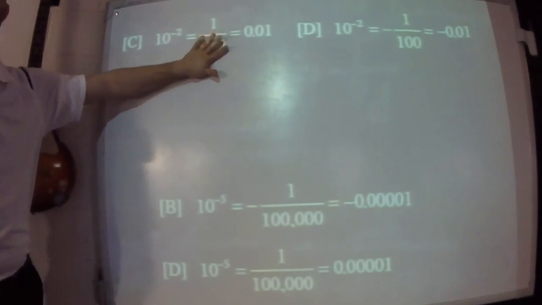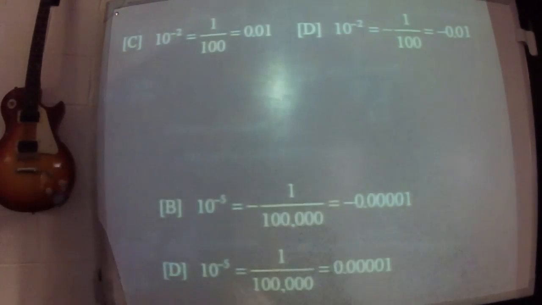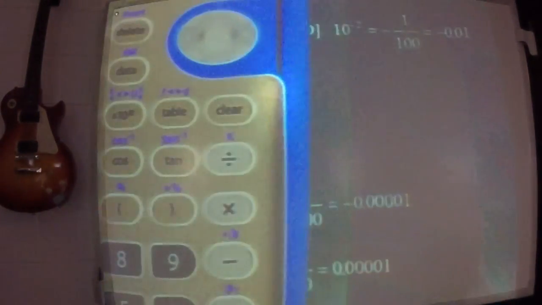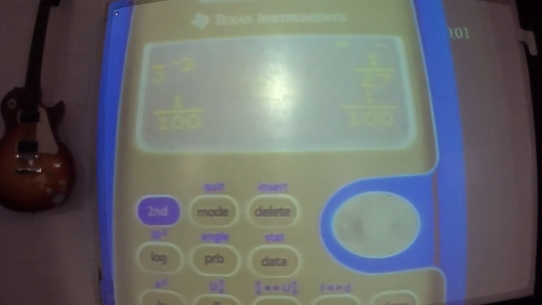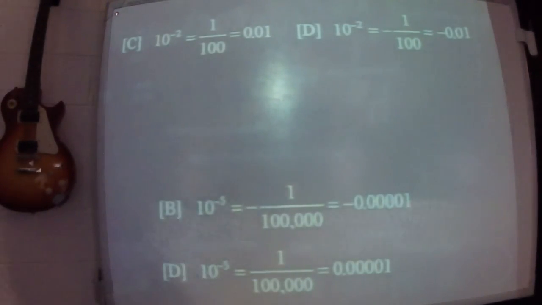So it's 1 over 10 squared, still positive. And then this is just the decimal form of 1 over 100. So just because you have a negative exponent doesn't make it a negative number. All it does is switch it from numerator to denominator.